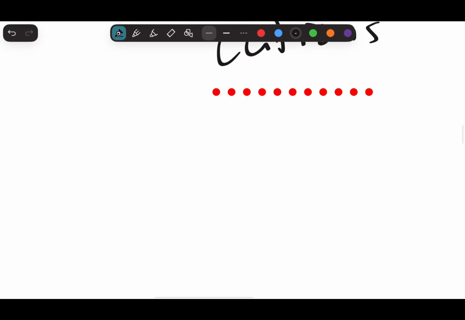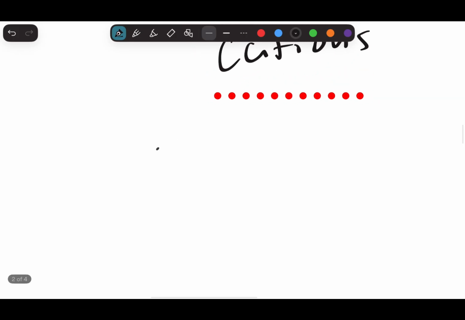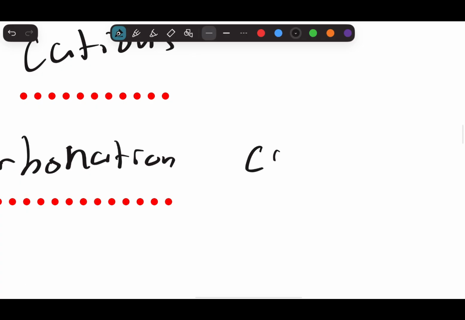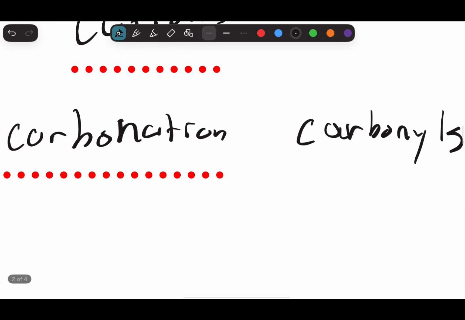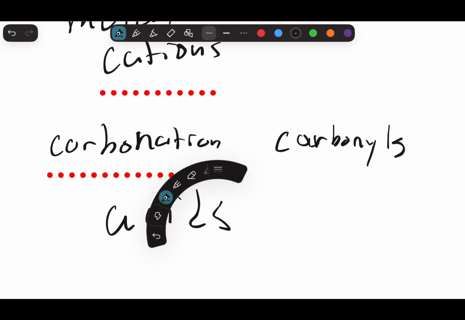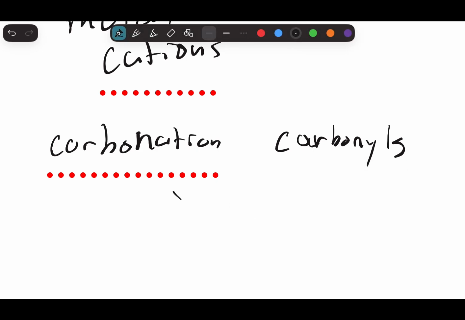Another example in organic chem is carbocations, or carbonyls. They are all acids too. Sorry, give me a second.